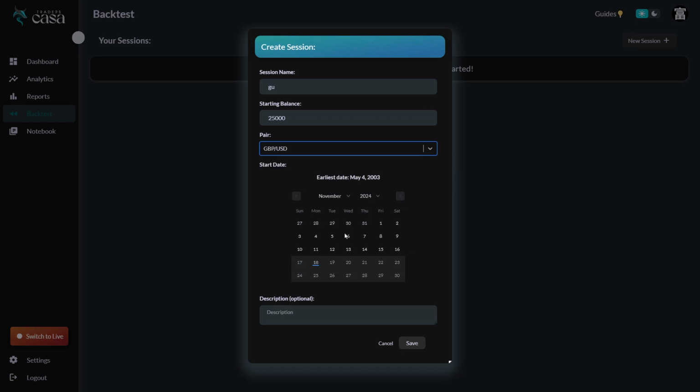And yeah, I think you also have about 5% maximum drawdown or something like that. So let's see if we can get something.